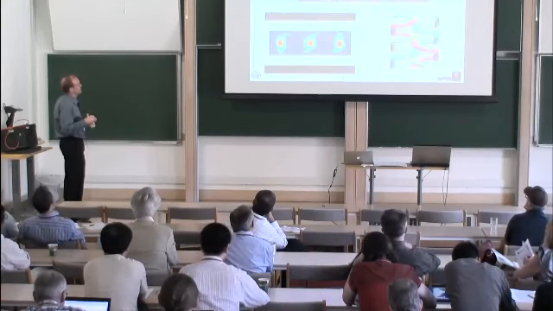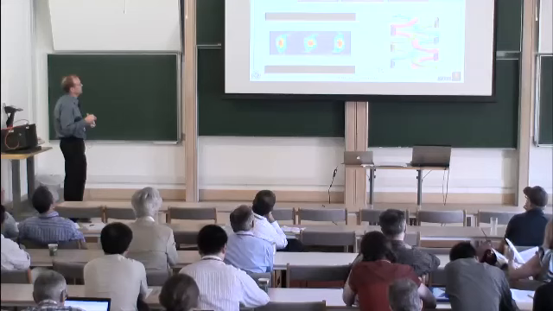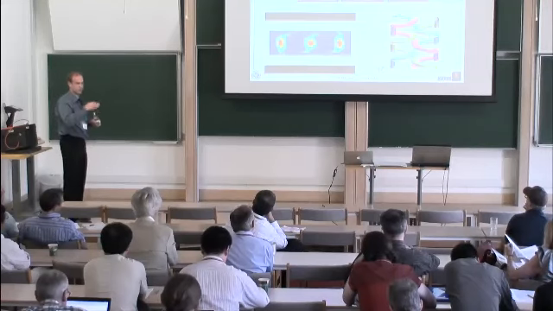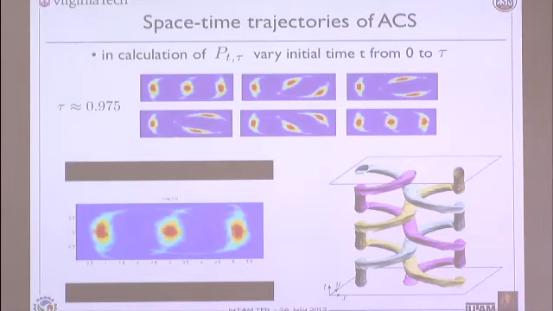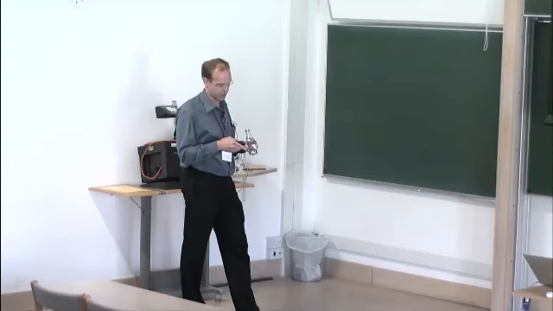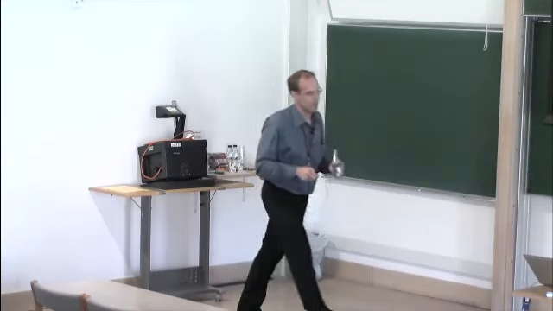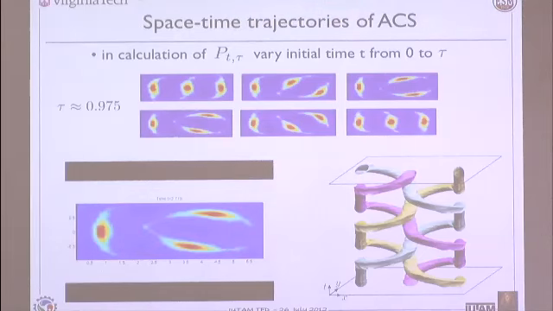But one of the ways to visualize this is to vary the start time of where we consider to be time 0 in generating this matrix. Okay? And we can look at how that varies. This is for a bit lower value of tau. Okay, there we go. And that's how this movie was generated.